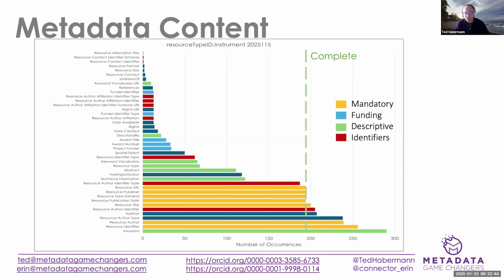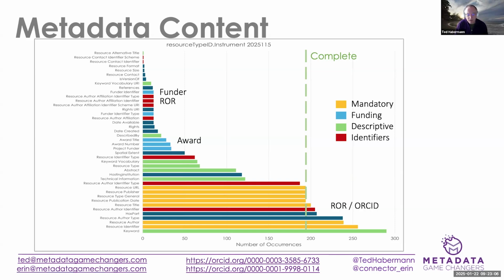And some of that is related to funding. In this case, the blue bars are related to funding. The green bars are related to descriptive information that we'll talk about in a minute. The red bars are related to various kinds of identifiers, and the yellow bars, as I said, are mandatory.